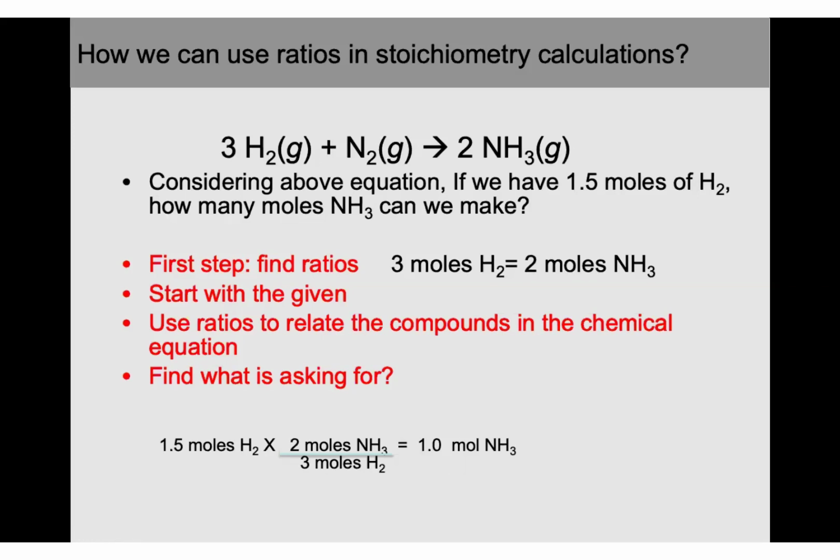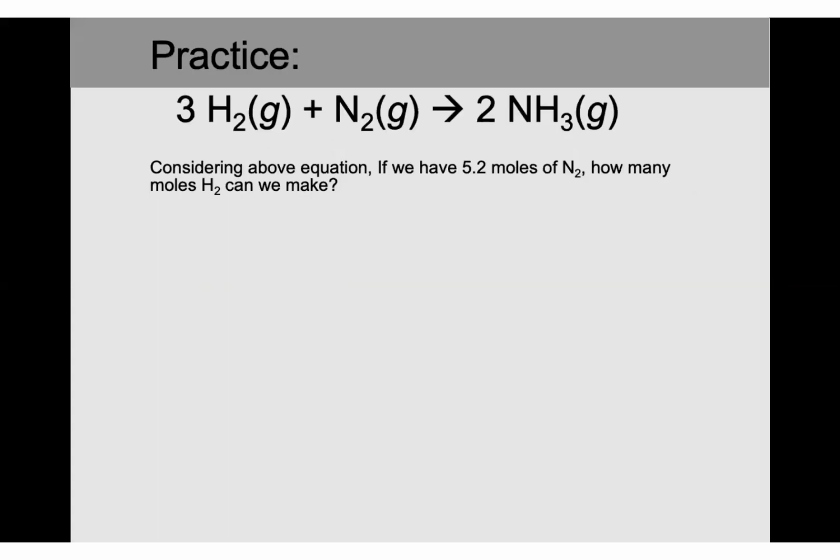So let's do one more question. Consider the above equation. If we have 5.2 mole of N2, how many moles of H2 can we make? Okay, I want you to pause here and see if you can do it yourself. First, make sure that you have a balanced chemical reaction.